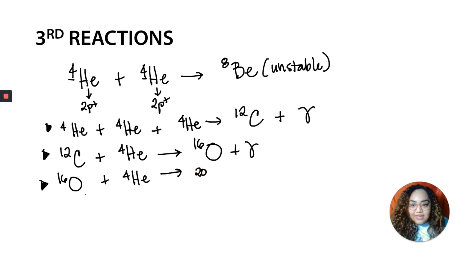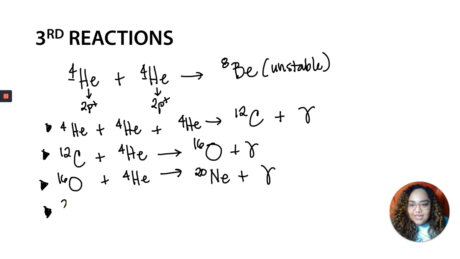Oxygen has an atomic number of 8, and helium has an atomic number of 2. So 8 plus 2, you will get 10. And atomic number 10 is what element? That will be neon. And that is stable.